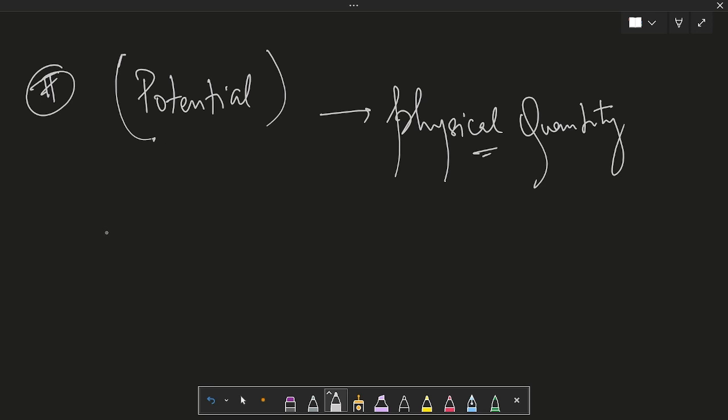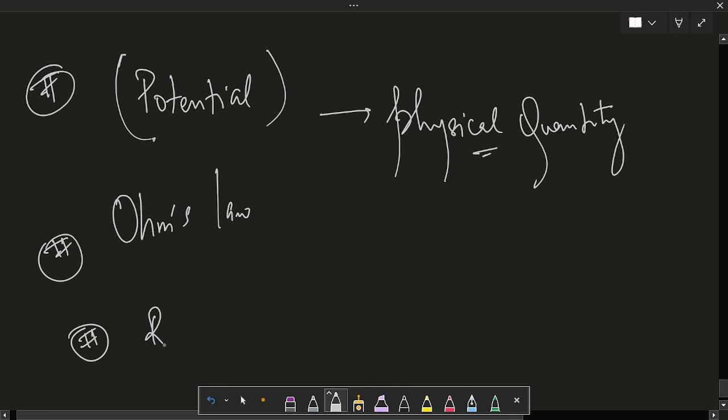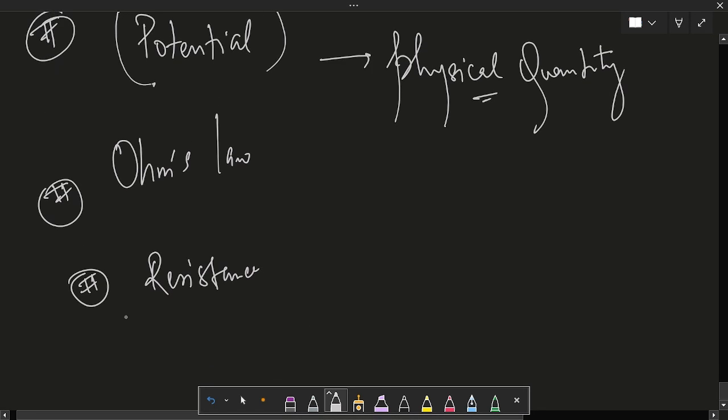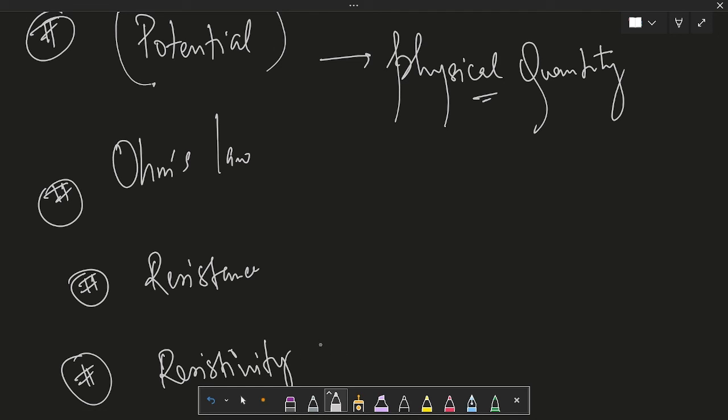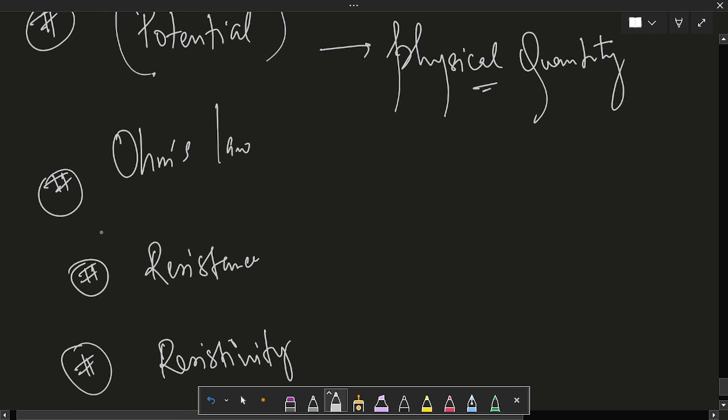So we'll do the rest of the topics, that is potential, then we'll do Ohm's law, then we'll do resistance, and then after resistance we'll discuss resistivity, which is very similar to resistance, but it has its nuances.